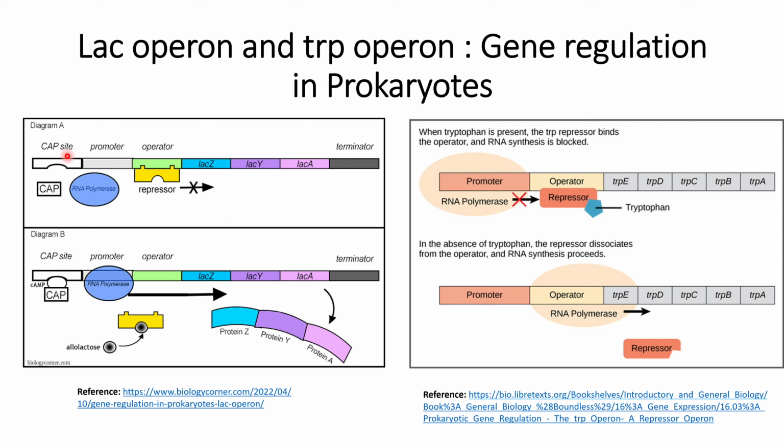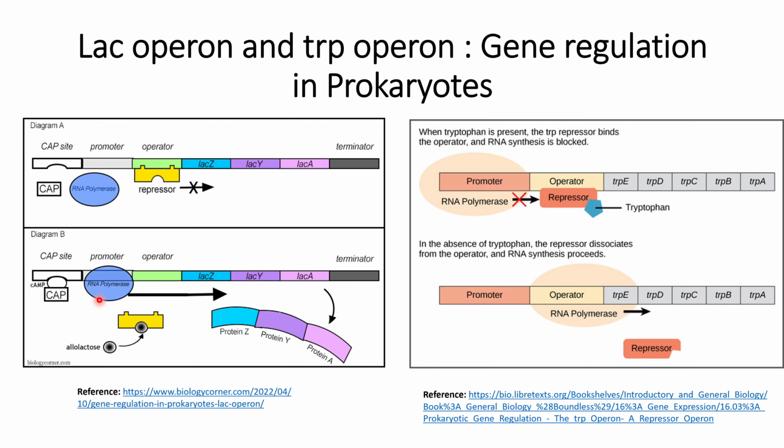Then the repressor is bound to the operator, and because of this the RNA polymerase will not be able to transcribe these genes that are responsible for breaking of the lactose so that it can be used for metabolism.